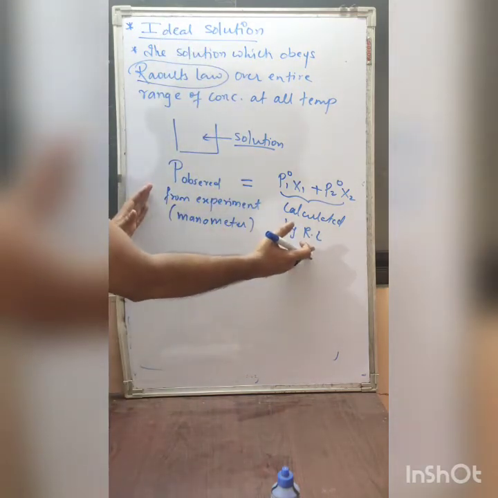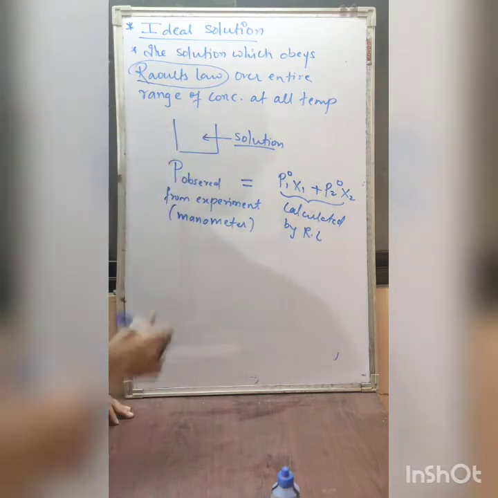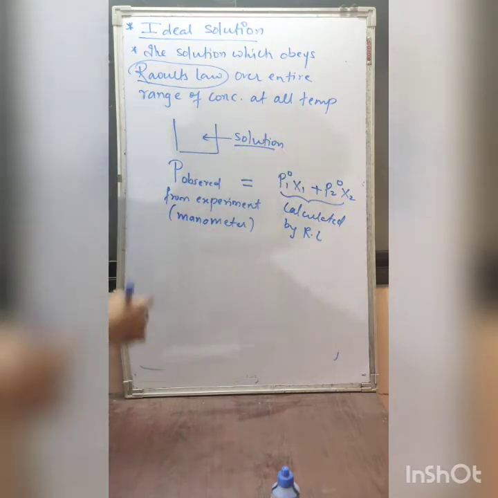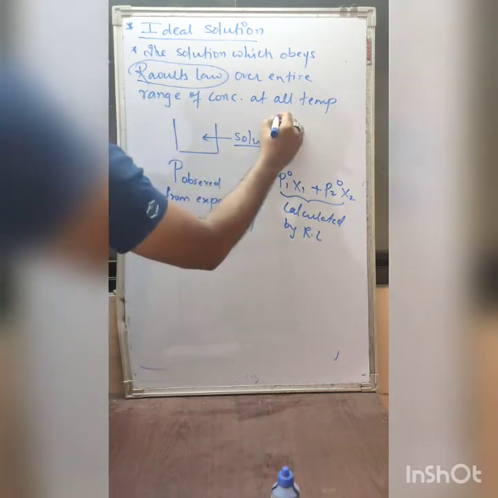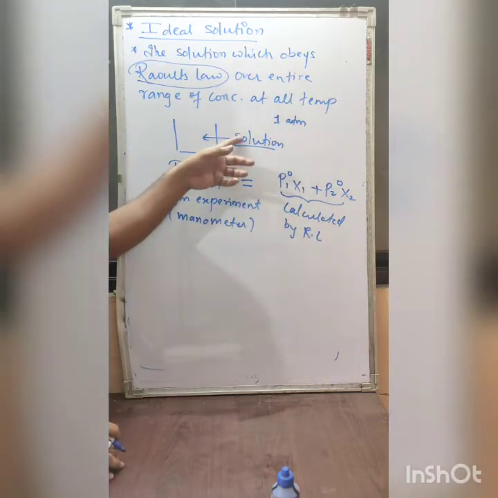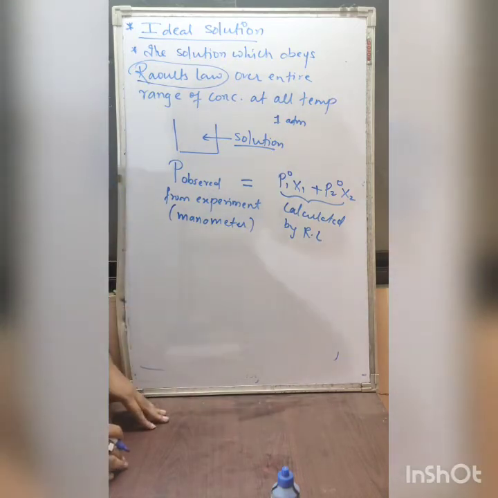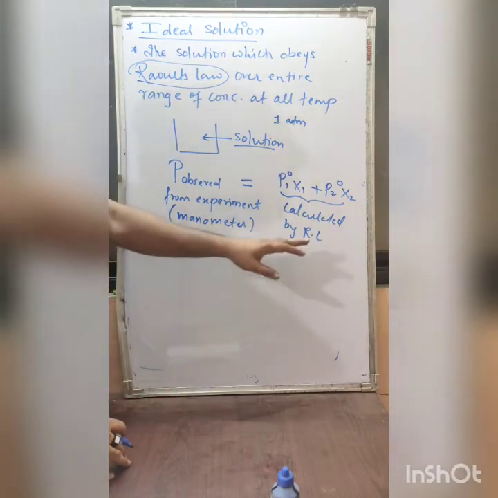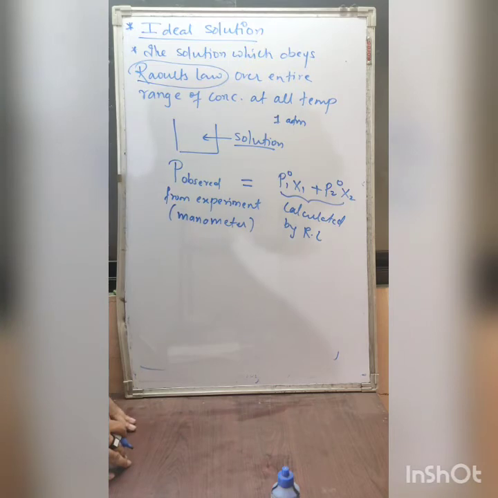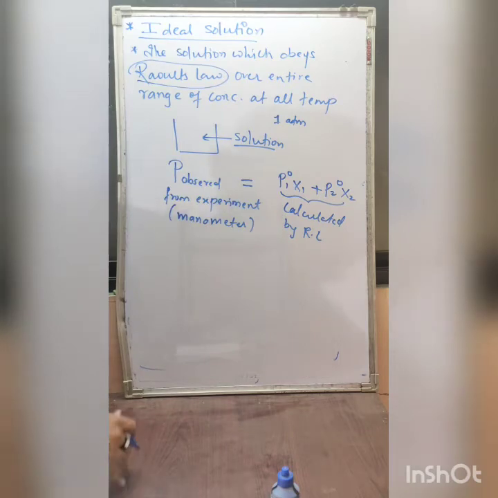So this is the condition of the ideal solution. Suppose I had a solution and I found its vapor pressure to be 1 atmosphere. When I calculated the vapor pressure of the same solution using Raoult's law, it also came out the same. So this is the condition for the ideal solution.